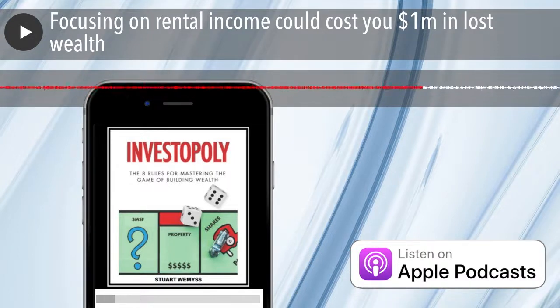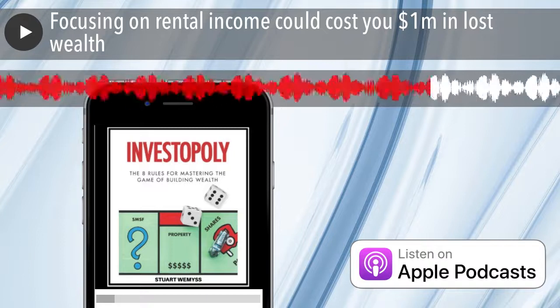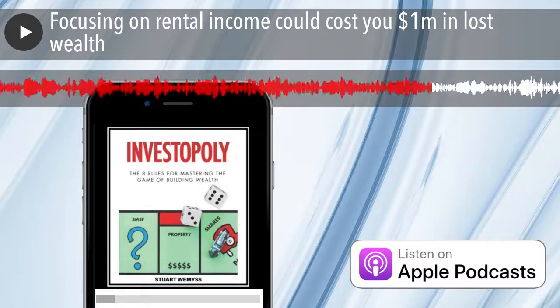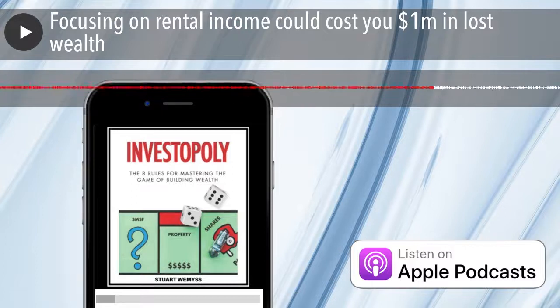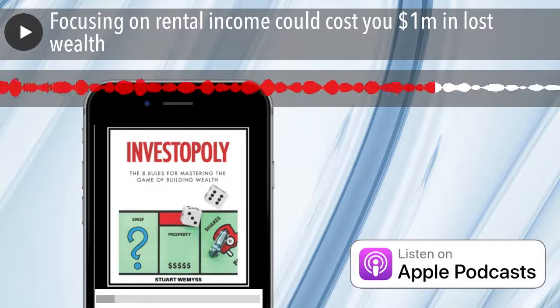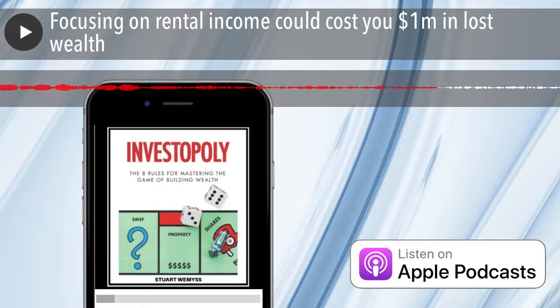For example, if the property was costing you $30,000 in negative cash flow pre-tax, maybe 20 comes from cash flow and 10 comes from additional borrowings. The point is that you're actually better off to do that because the cash flow is immaterial in the long run compared to the compounding capital growth that asset could deliver.